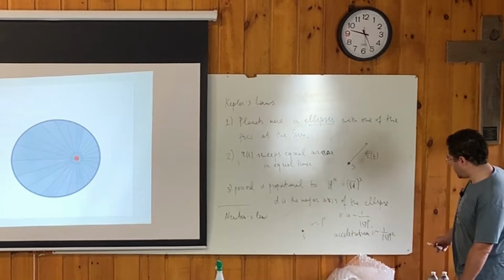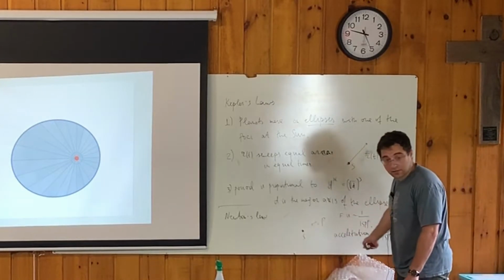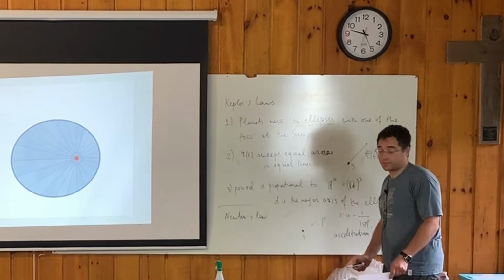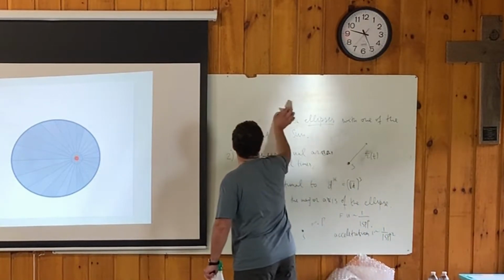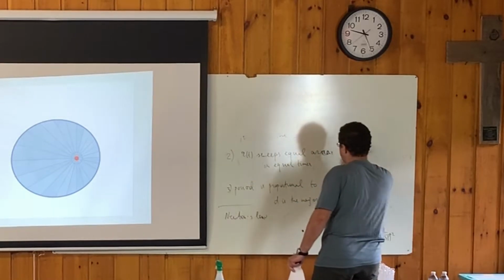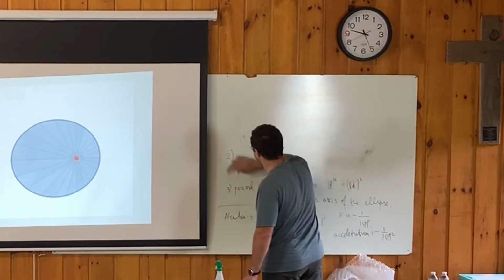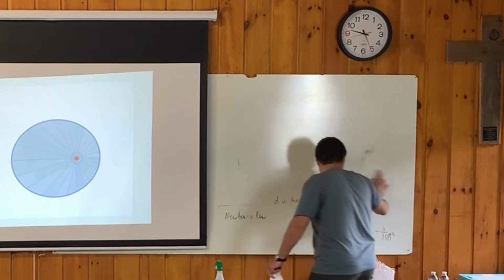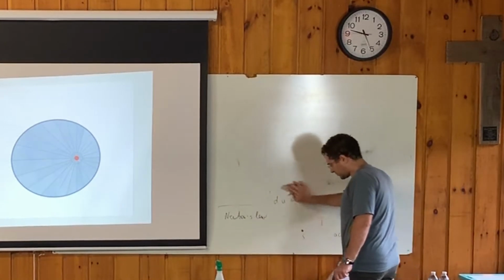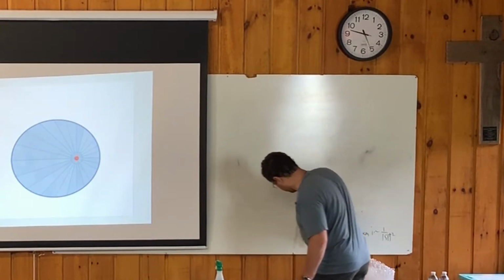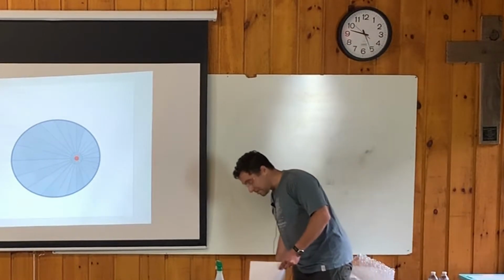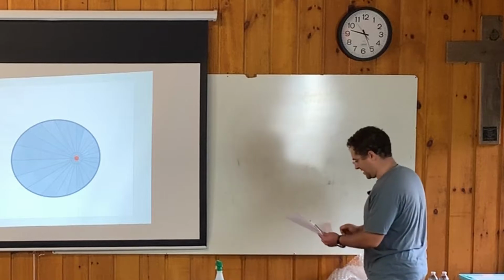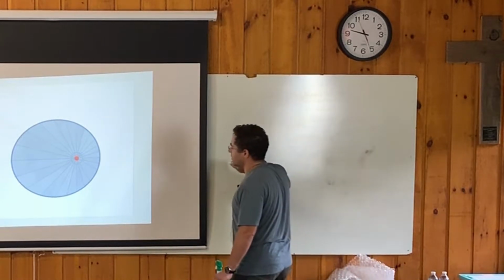And so what I want to explain is how to derive Kepler's laws from Newton's laws. That's basically the problem that Newton solved in his time. I'm not sure if it will be exactly the same solution. But okay, so let me start with the second law.